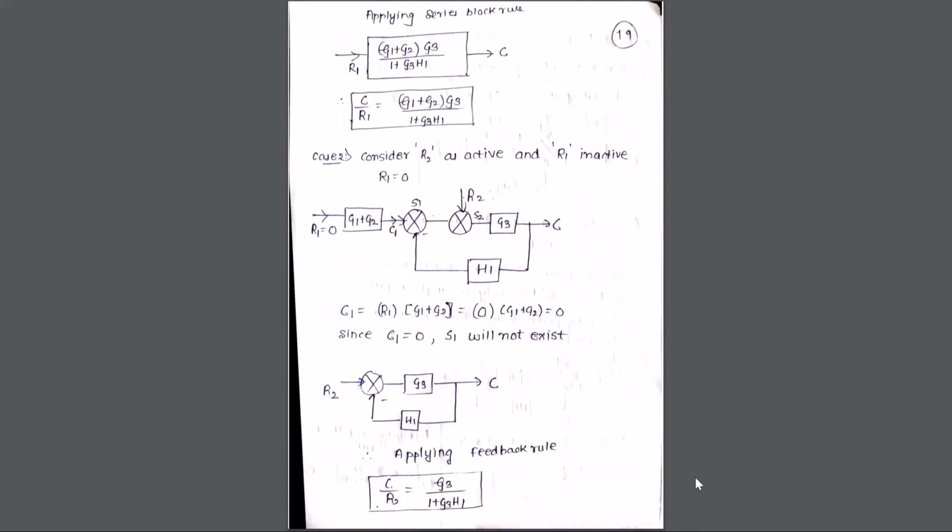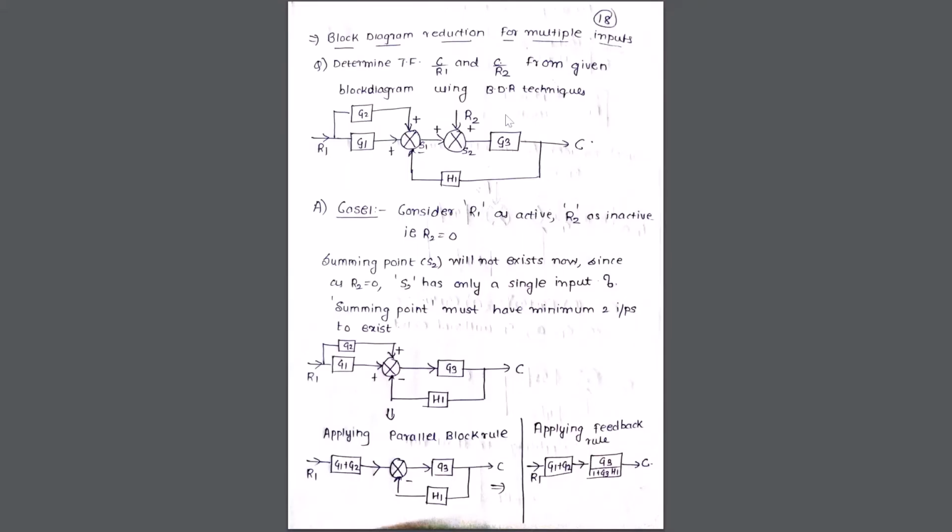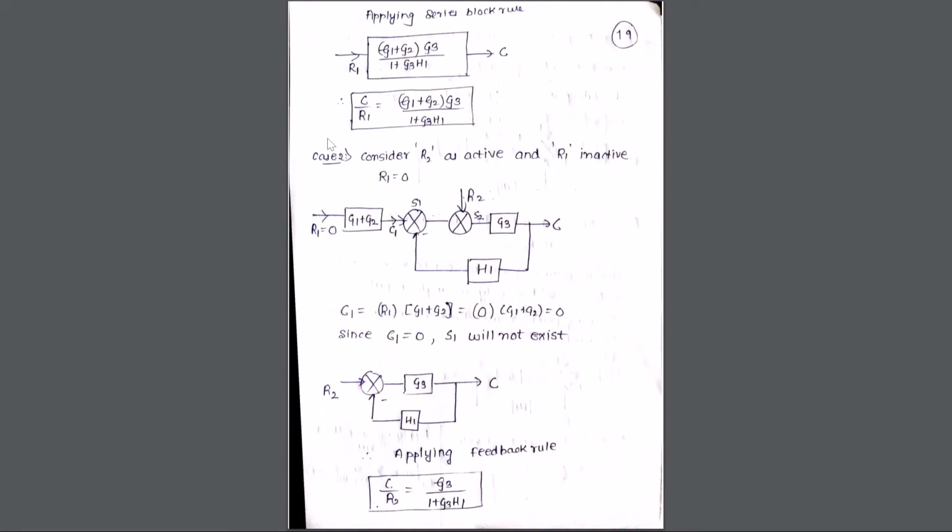Simple. Next, I have to find out C upon R2. For this, by default, I'll be considering R2 as active and R1 as inactive, that is 0. So when my R1 is 0, eventually my C1 will be 0 because 0 into G1 plus G2 will be 0.